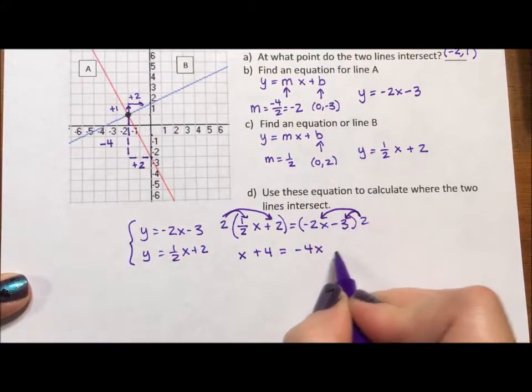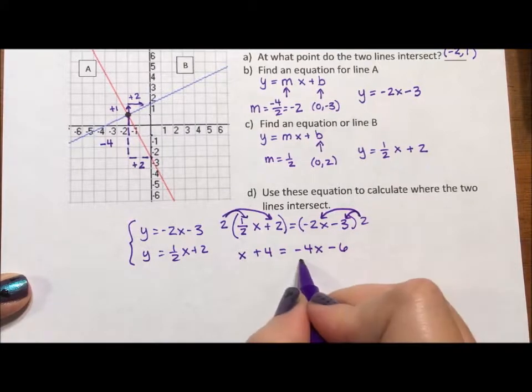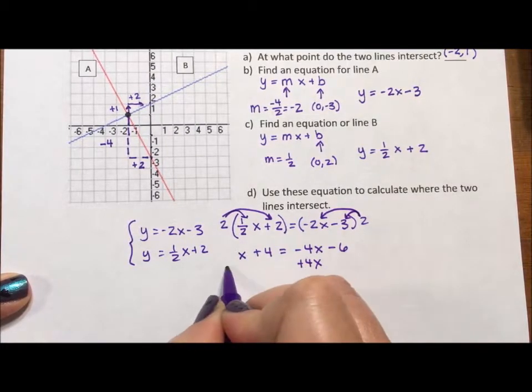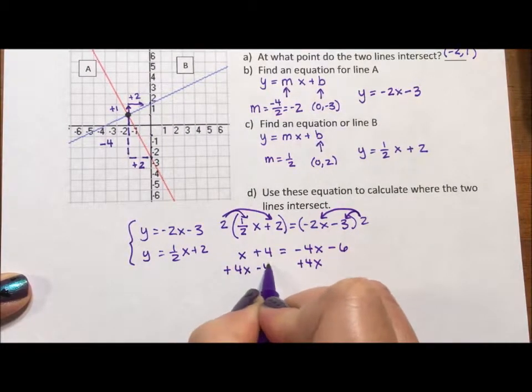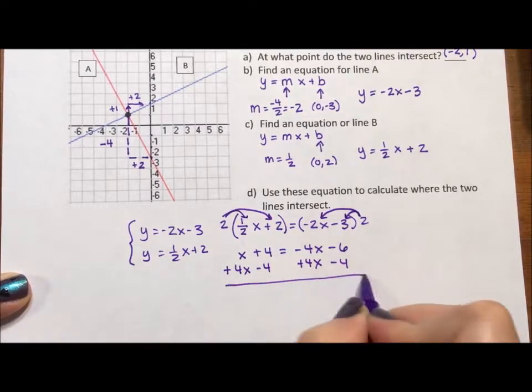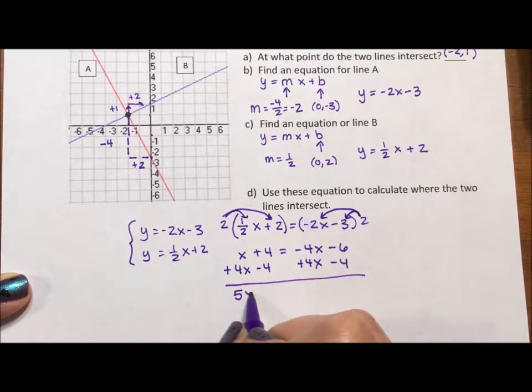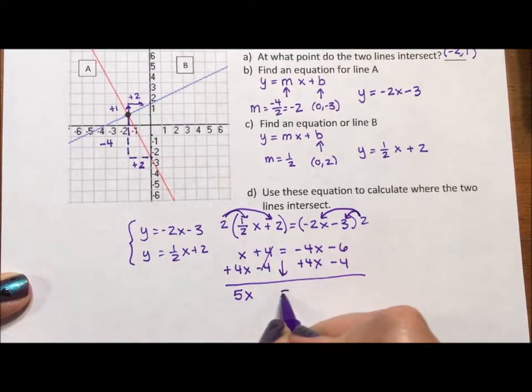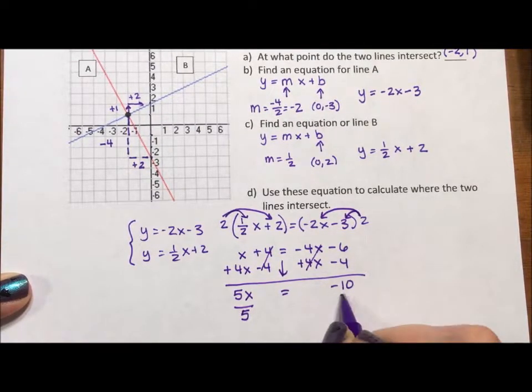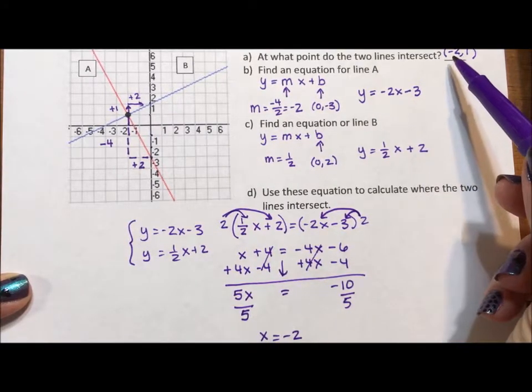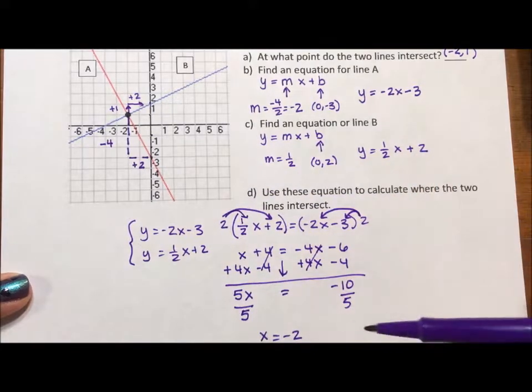And -3 times 2 is -6. Okay, now I'm going to add the 4x to both sides and subtract the 4. So here I have 1 plus 4, that's 5x. Those cancel. Those cancel, -10, and when I divide by -5, I get that x is equal to -2, which we knew. We already figured this out, but we're now doing the algebra behind it.